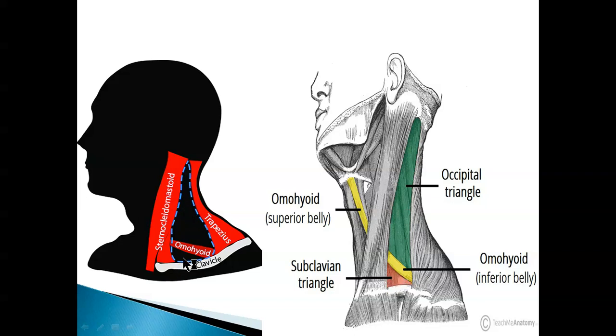They are called occipital and subclavian respectively due to the arteries passing through these areas. In the occipital triangle we are talking about the occipital artery, and in the subclavian triangle we are talking about the subclavian artery.